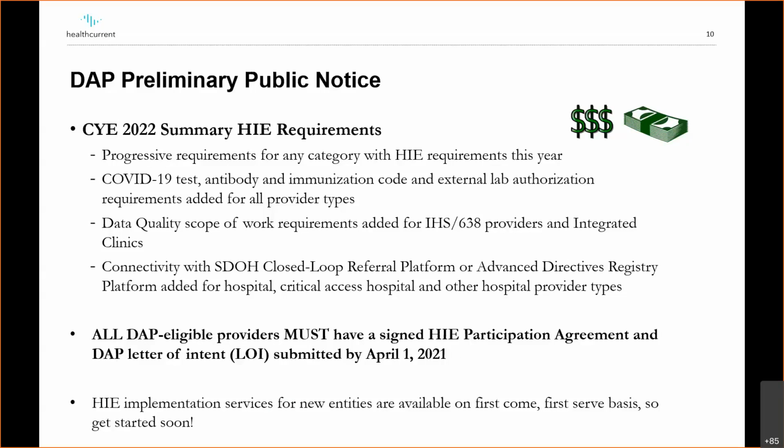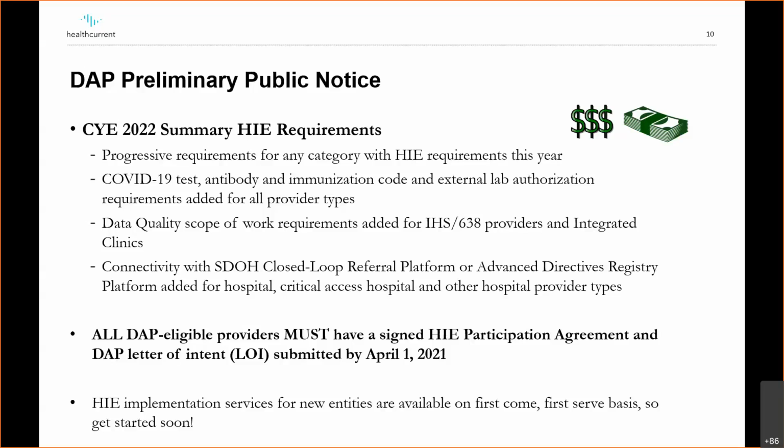There is a component for COVID-19 testing, antibody and immunization codes to be provided to the HIE, and that is for all provider types. That may be new even for some of you that were in DAP previously. There is also a data quality scope of work requirement added for the IHS 638 providers and integrated clinics. And there is connectivity with SDOH closed loop referral platform or advanced directive registries added for hospital, critical access hospitals, and other hospital provider types.